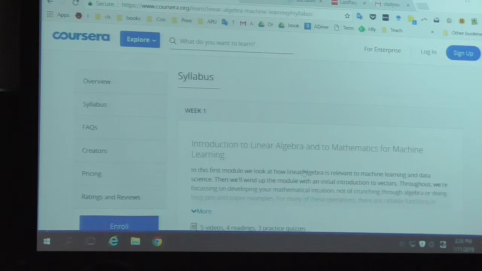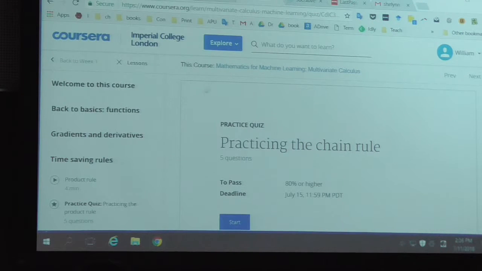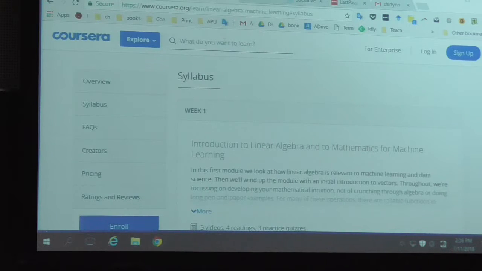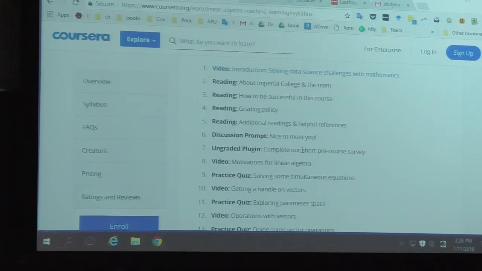For example, if you wanted to go to week 2 of the multivariate calculus one, it would be good if you first went through this linear algebra one. Then you can go to the second week of the multivariate calculus, and you'll see a lot of interesting stuff happen in week 2 and week 3. And this linear algebra course is a great course, but you'll have to do that some other time.